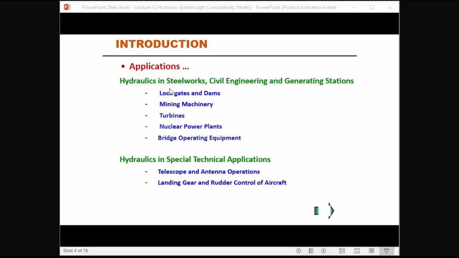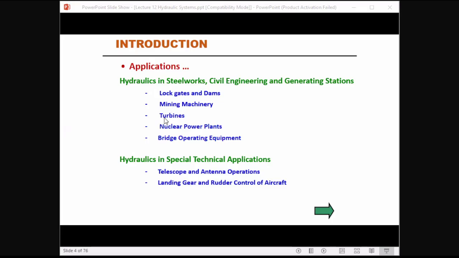These are another applications, hydraulic in steelworks, civil engineering, generating stations, log gates, dams. These are used in power station. Okay, then mining machineries, turbines.